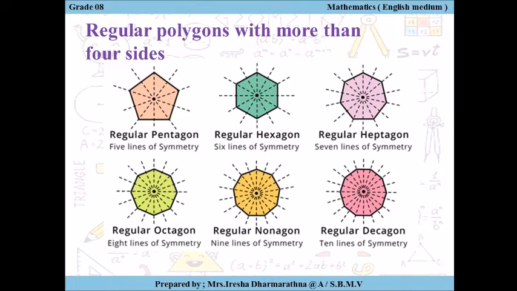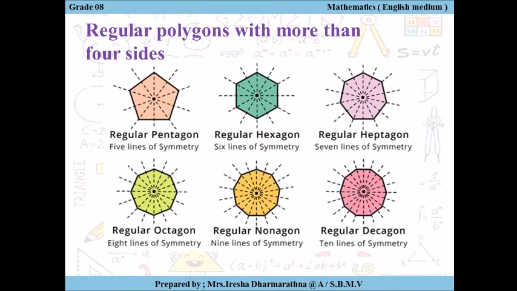A regular hexagon has 6 axes of symmetry. A regular heptagon has 7 axes of symmetry. A regular octagon has 8 axes of symmetry. A regular nonagon has 9 axes of symmetry. A regular decagon has 10 axes of symmetry.